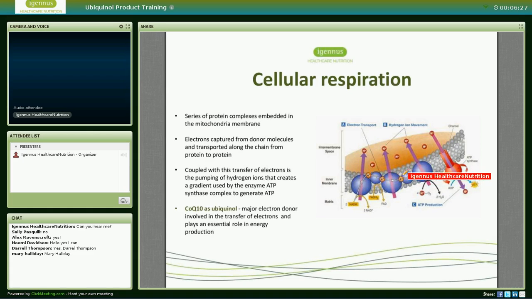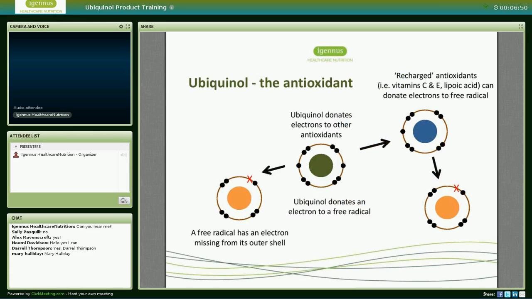The electrons are passed from protein to protein, and this is coupled with a pumping of hydrogen ions that ultimately creates a gradient that is used by ATP synthase to generate ATP. So if we don't have CoQ10 ubiquinol within the membrane, then we have issues with our energy production.